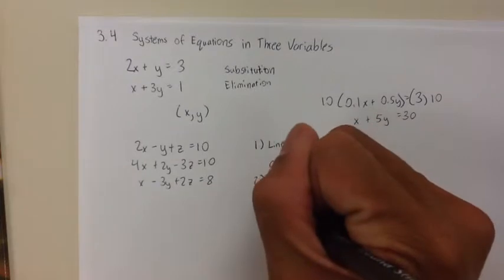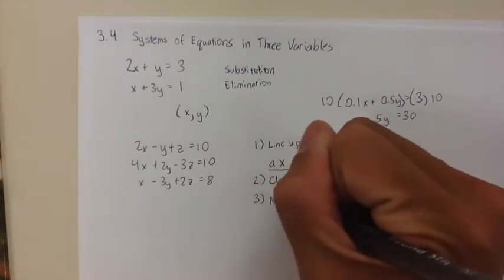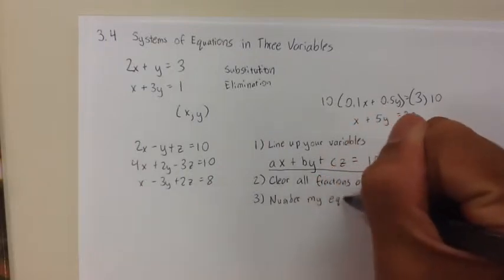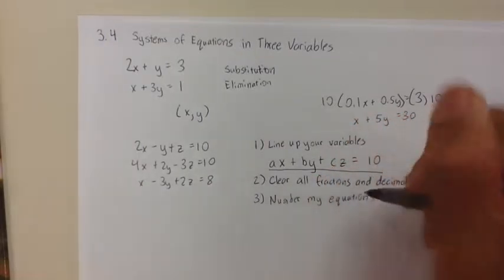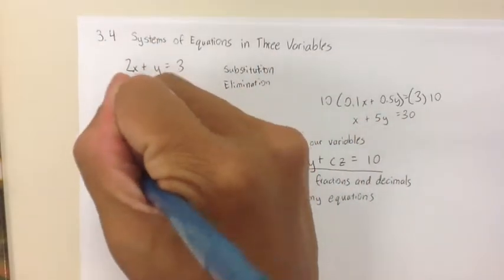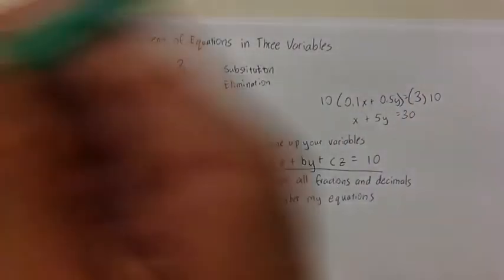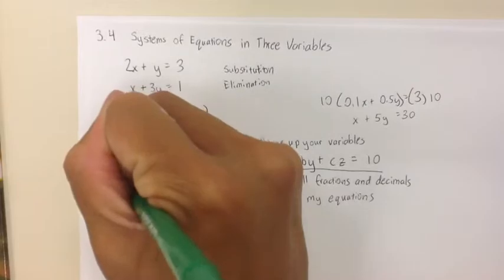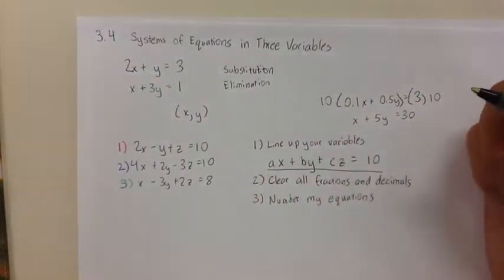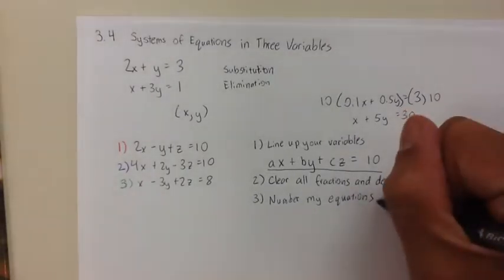Step 3, I'm going to number my equations. In this case, I'm going to use red. This is equation number 1. This is equation number 2. This is equation number 3. And I want to eliminate one variable at a time.